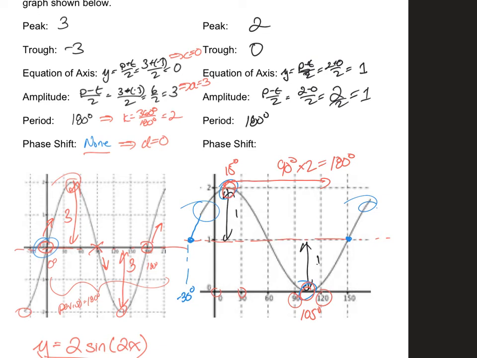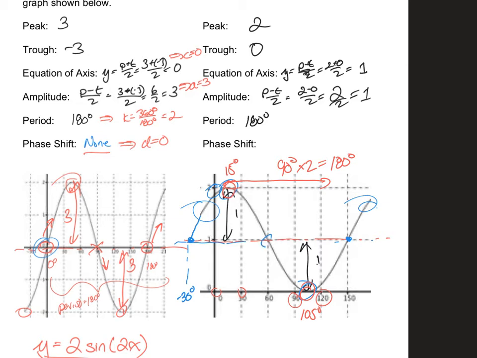The next part is also tricky, trying to determine the phase shift of this, because it doesn't start off at the same place, right? For the sine graph, if it were to start off at the same place, we know that the midway point would start at 0, but it doesn't. So what we need to do is find our equation of axes and find where in that graph the sine curve is going up.